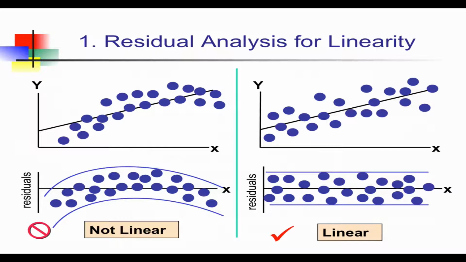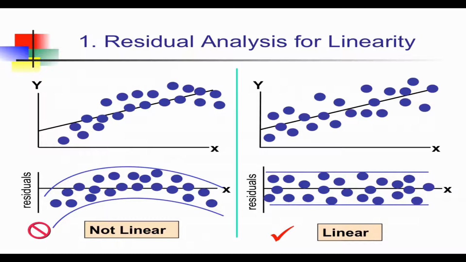So here, the first assumption is linearity, which stands for L. Linearity means that the mean of y should be a linear function of x. Only if that holds is it appropriate to use linear regression.